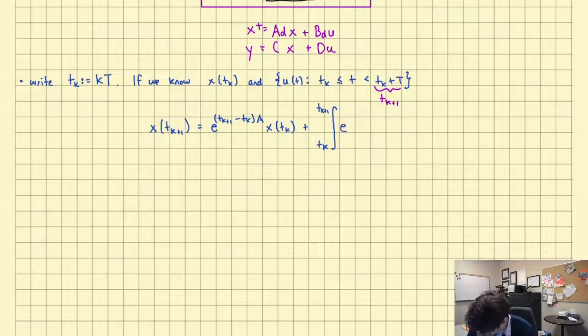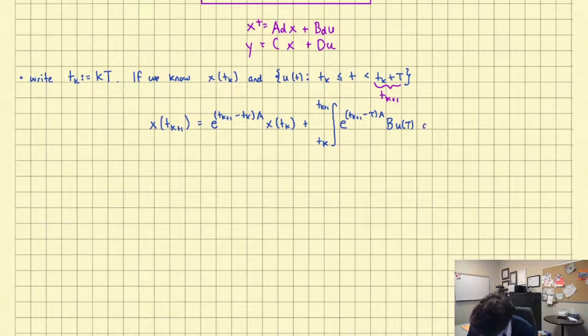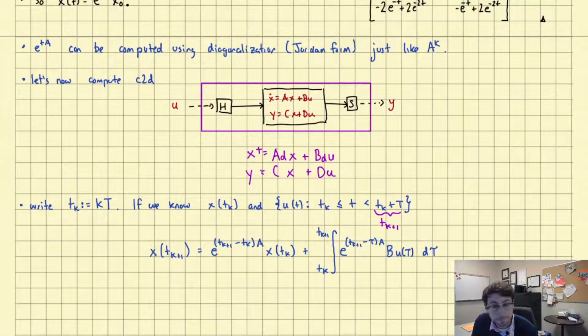So I will write that. Okay. All right. So I'm going to stop there. Ran out of time. But basically, we've now got this solution over a sample period, and then we will use it to get our discrete time system.